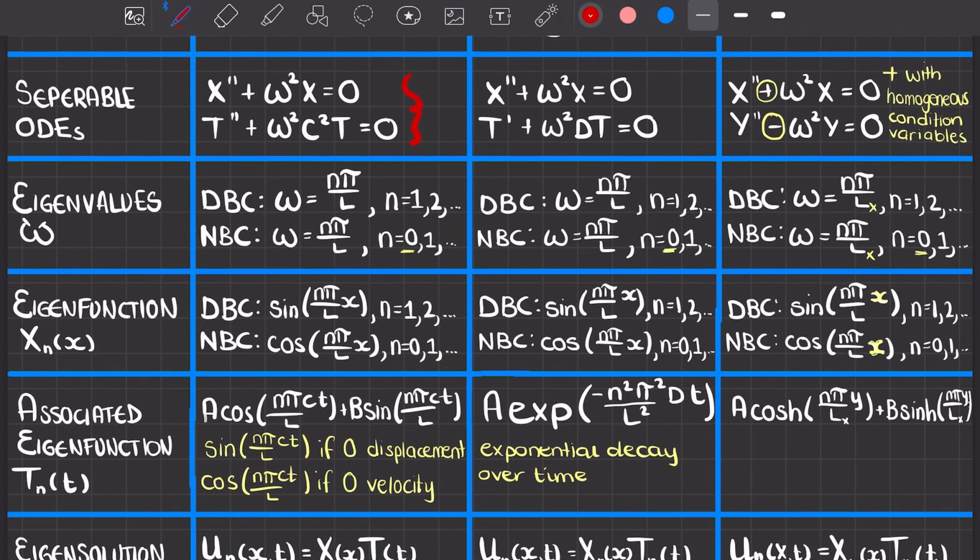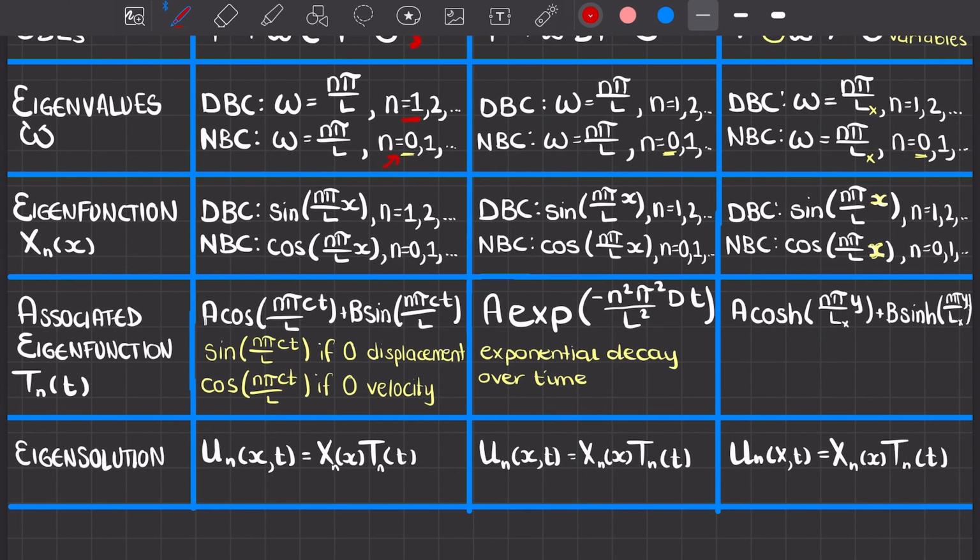Our eigenvalues, if we're having x equals 0 and x equals L, our eigenvalue lambda will take the form of n pi over L, where n starts at 1 here. You'll see that if we have Neumann boundary conditions listed below, our eigenvalues, n, will start at 0 here.